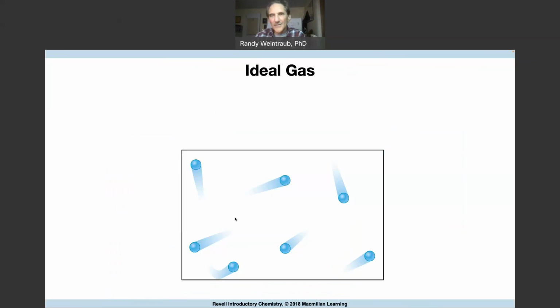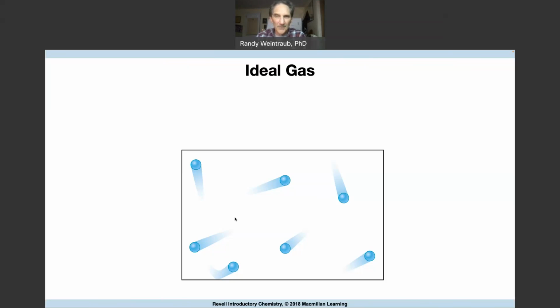When describing gases, we often assume they behave as ideal gases. An ideal gas has two key properties. One, the volume of the particles is much, much smaller than the volume of the container. And two, the particles have no attraction for one another.